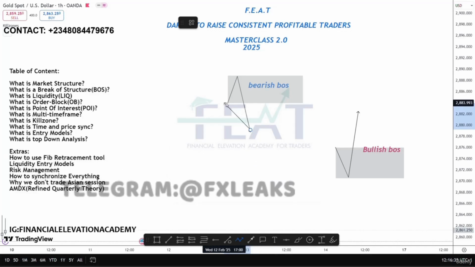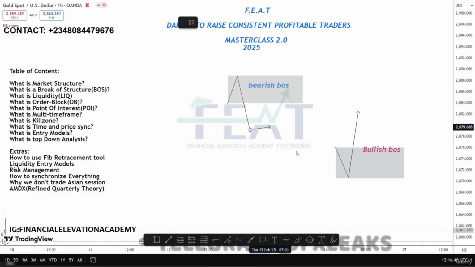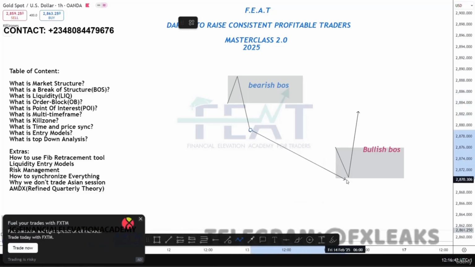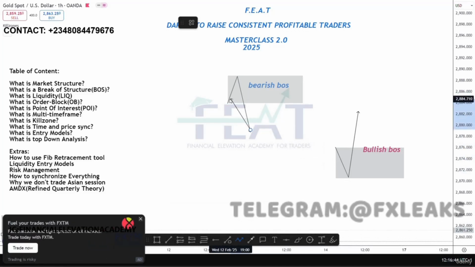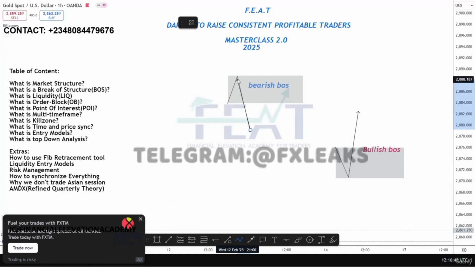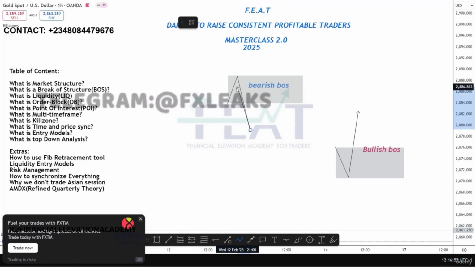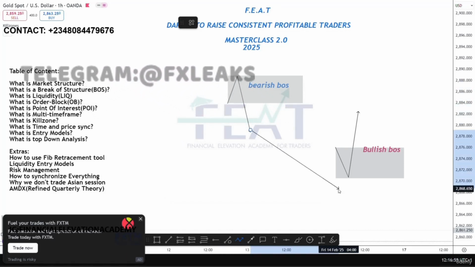So an order block is the zone at which the last set of buys happened or the last set of sells happened. So that is that on what an order block is. And in the next session, I will make you understand the importance and relevance of the order block. All right.